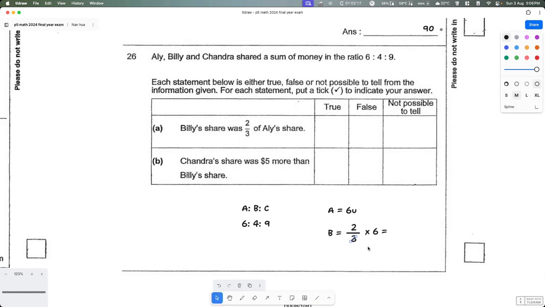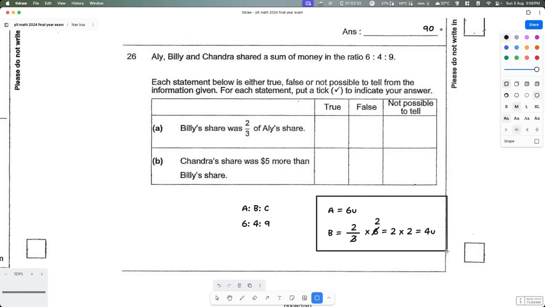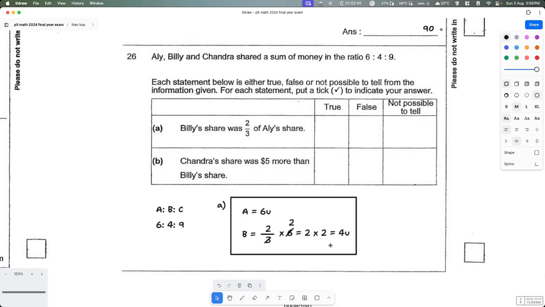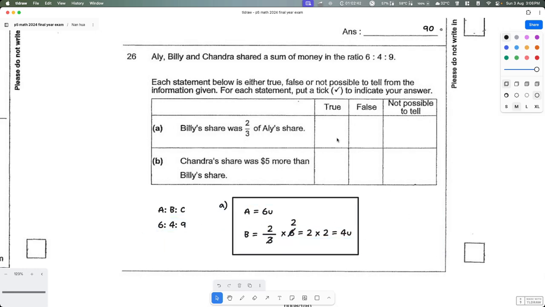Cancel 3 and 6: 6 divided by 3 is 2, so 2 times 2 equals 4 units. That means this is Billy's share, so the answer to this is true.